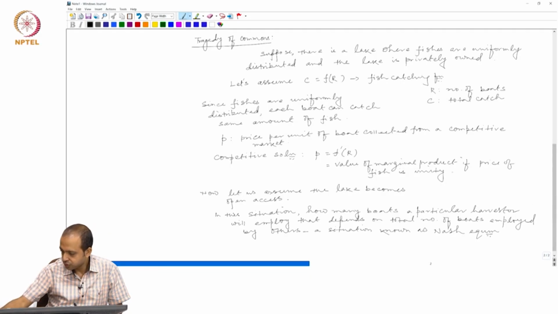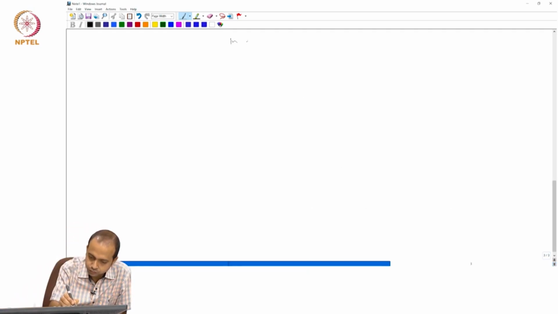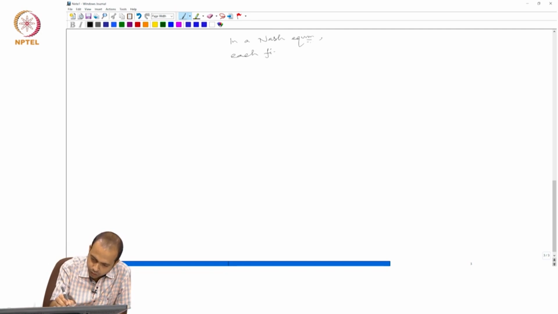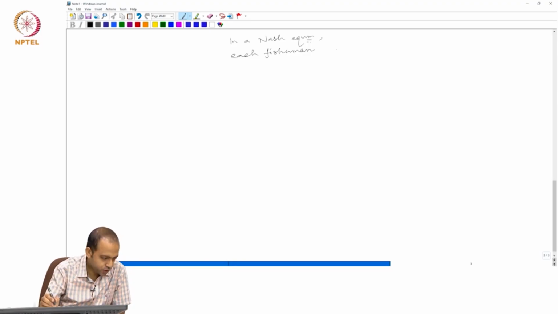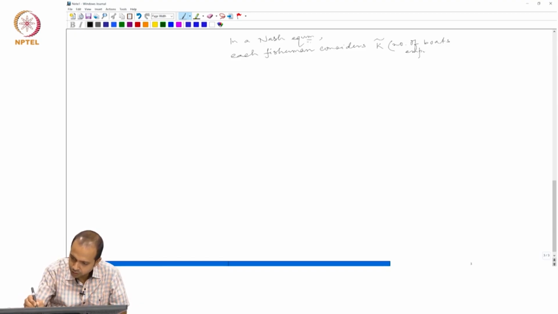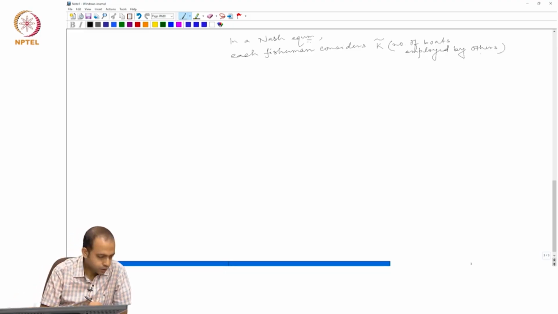In a Nash equilibrium, each fisherman considers K tilde, which is the number of boats employed by others, as given.